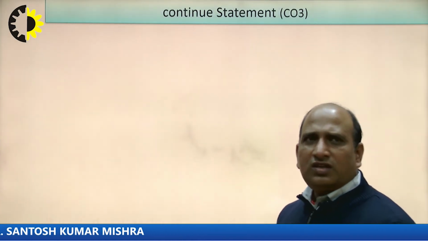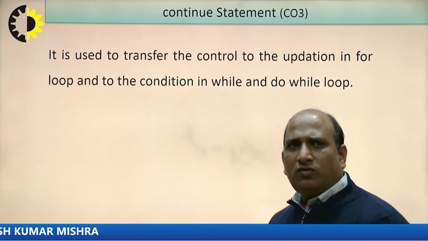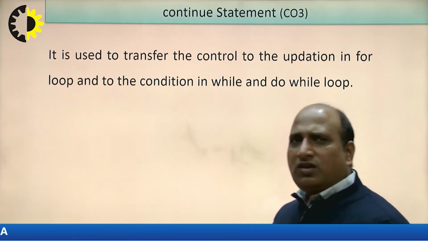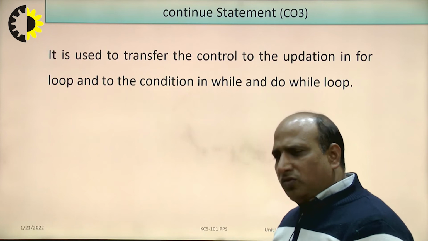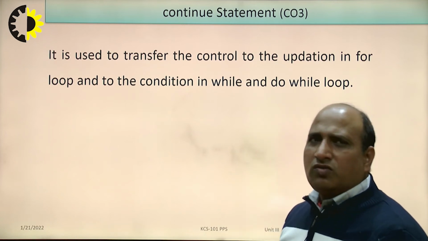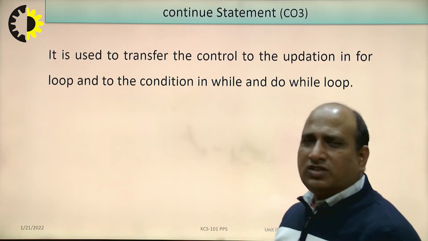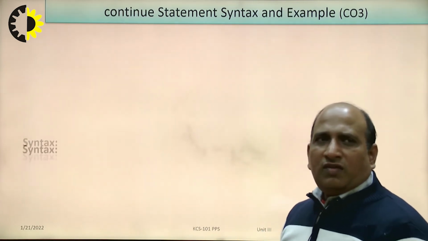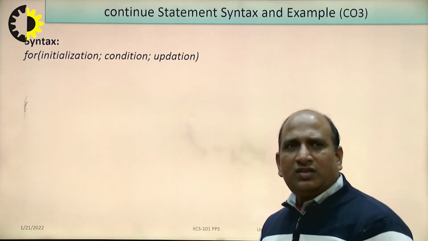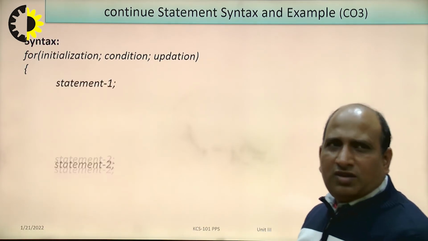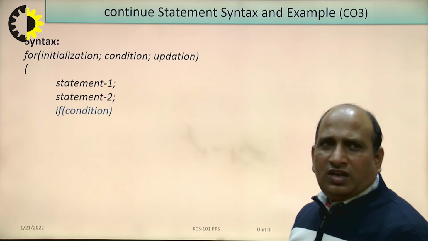Now, the continue keyword, I have already told you, whenever the continue keyword is encountered, the control comes to the beginning of the loop. Means control will come to the increment or decrement variable update position. And for that I have written a syntax. A for loop has been used, with statement 1, statement 2, and here is the condition.